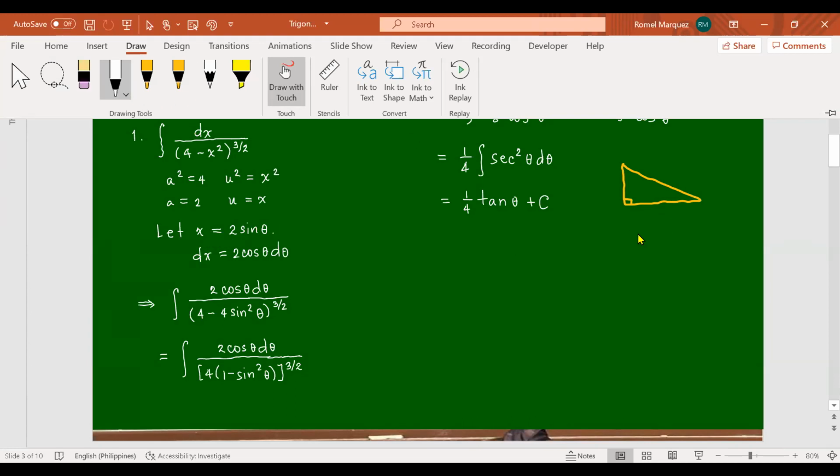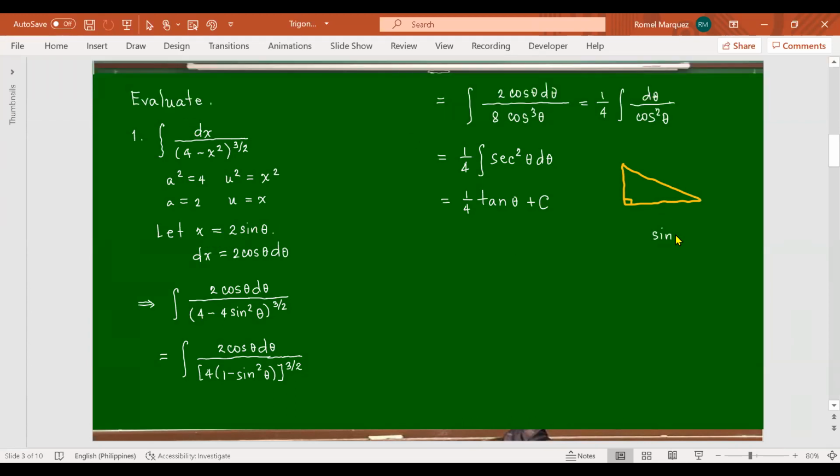So again, what is sine theta, guys? From our representation, sine theta is equal to x over 2. Remember, in your trigonometry, given one function, you can find the other functions. If you know the equivalent of this, you can find the remaining functions. In particular, we can find tangent.